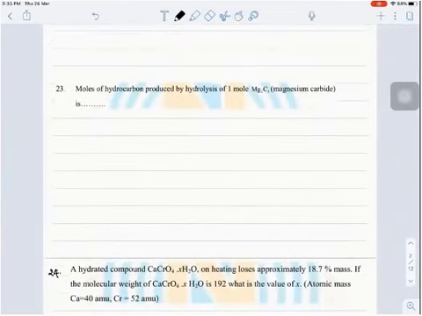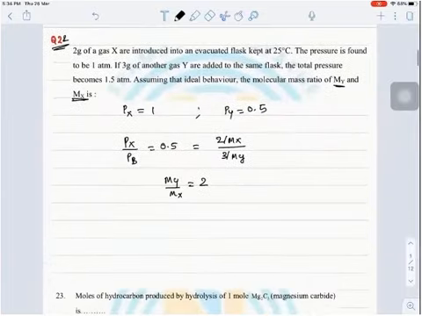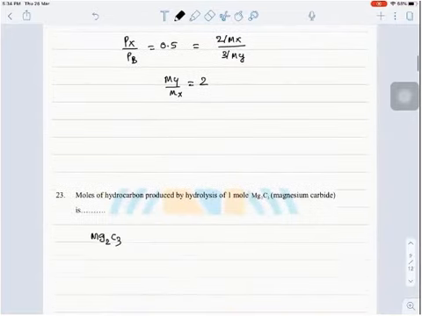Next question is question number 23. In this, Mg2C3 is allowed to react with water. It is hydrolyzed. So on hydrolysis, what does it produce?